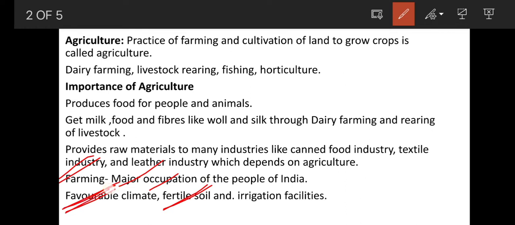The climate is suitable for growing crops, and the soil is fertile, that is, the quality of the soil is very good for growing crops. We also have irrigation facilities to grow crops. For example, whenever we grow crops, they need rainfall, isn't it? Water to grow. Without water, crops cannot grow.